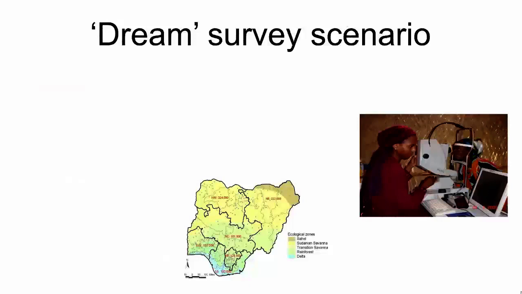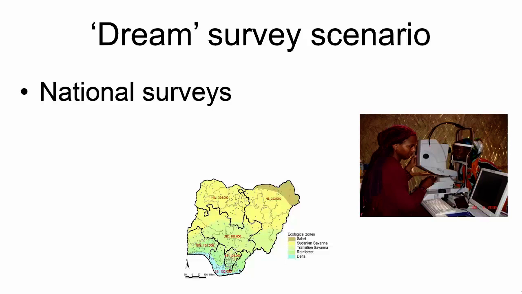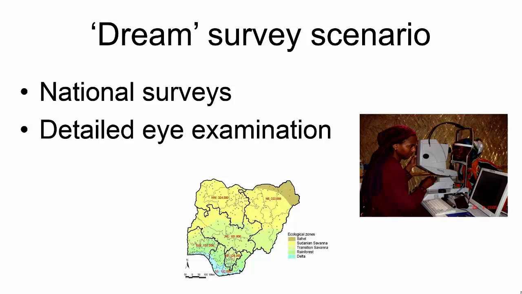So in an ideal world where resources were not limited, in our dream survey scenario, we would undertake very detailed large-scale ophthalmic surveys. For example, we would conduct national surveys such as the one in Nigeria. Our ideal surveys might include very detailed eye examinations using sophisticated equipment and highly trained ophthalmic personnel to accurately diagnose all different types of eye conditions.